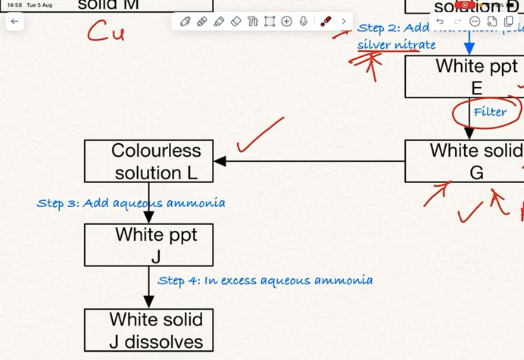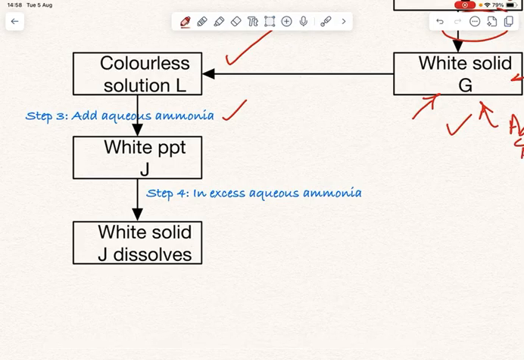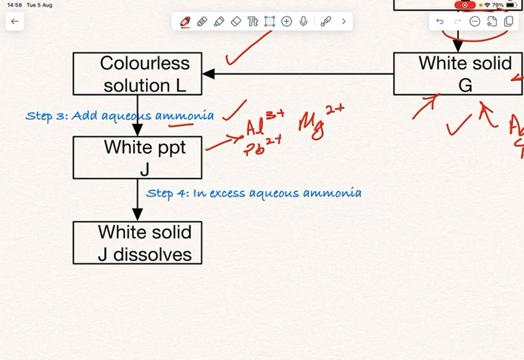When added, we get a white precipitate. The possibilities with aqueous ammonia are aluminium, Al3 plus, magnesium, Mg2 plus, lead, Pb2 plus, or zinc, Zn2 plus.